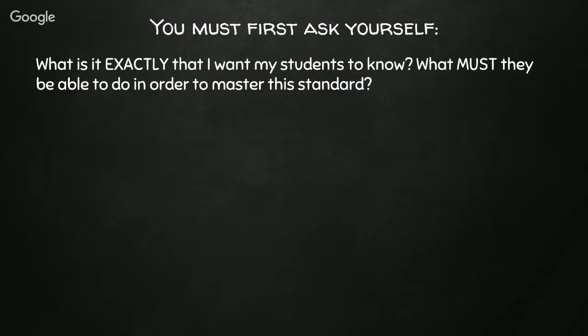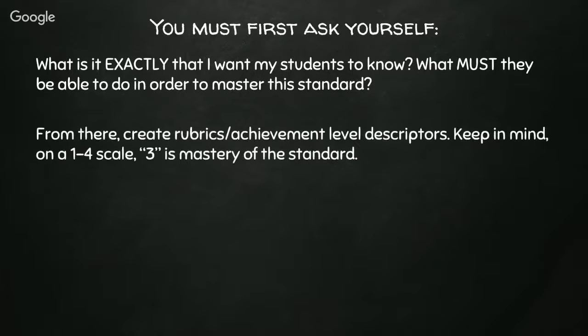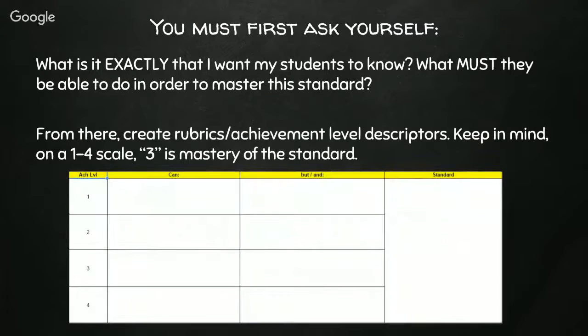In the building where I work, part of our planning process is for teachers to create achievement level descriptors for each standard throughout that unit. And in our building, we follow a can-but format of a rubric or achievement level descriptors, which you can see here. Keep in mind, every student can do something.